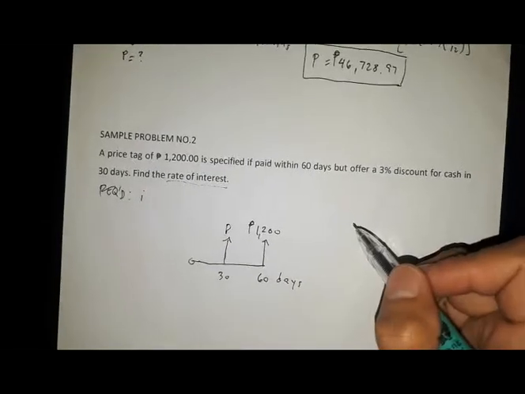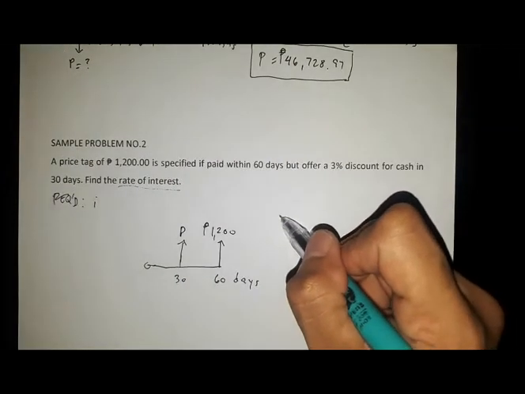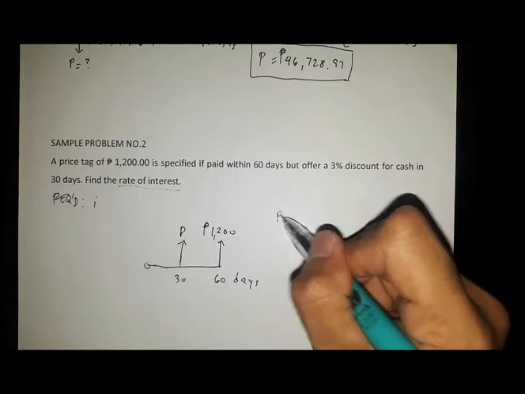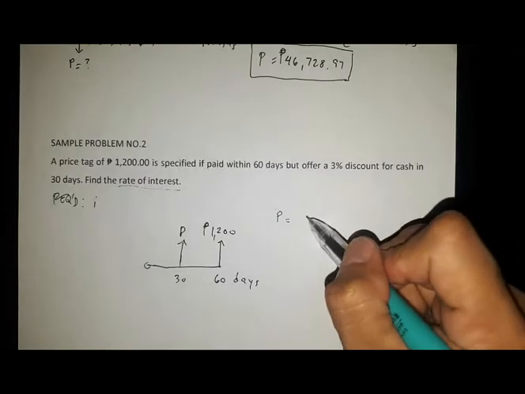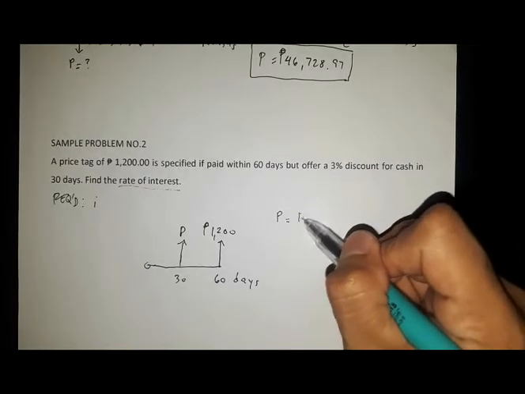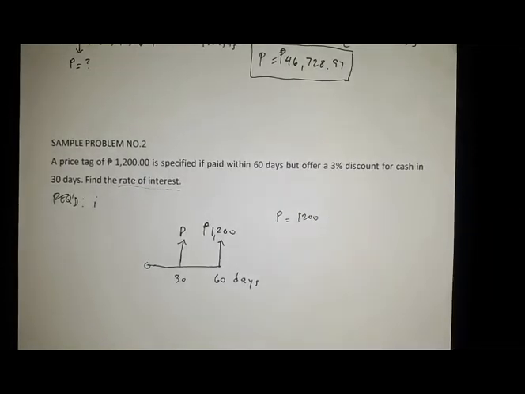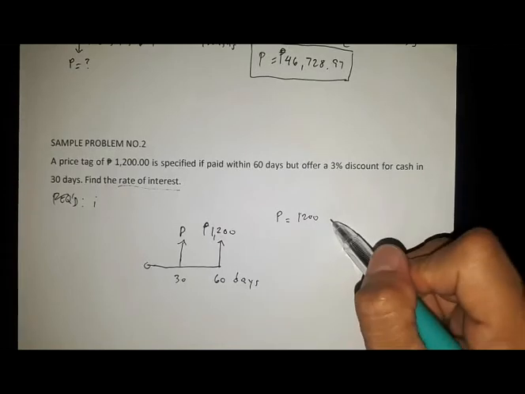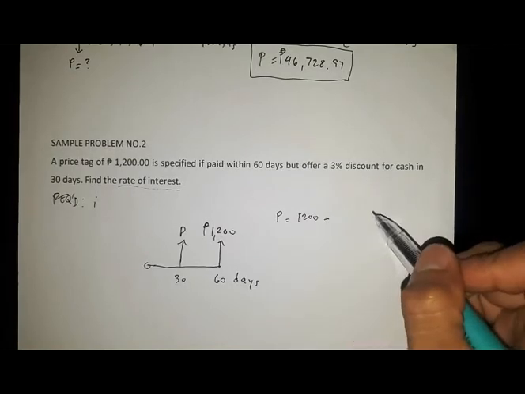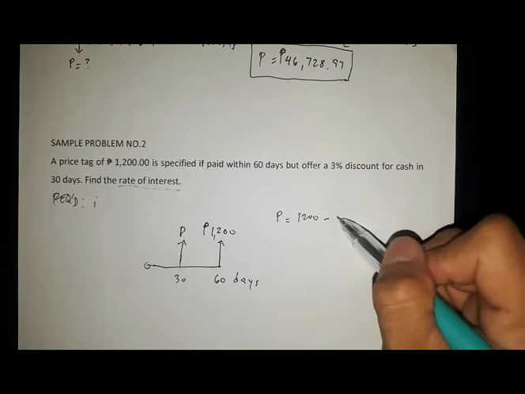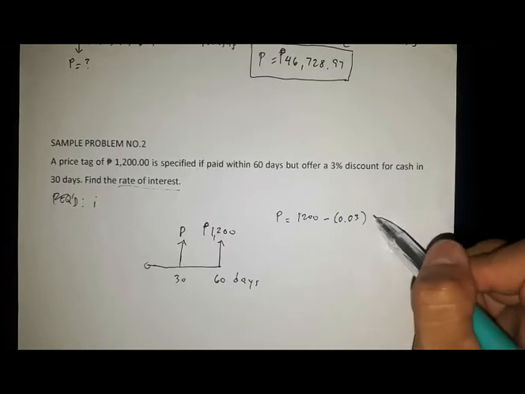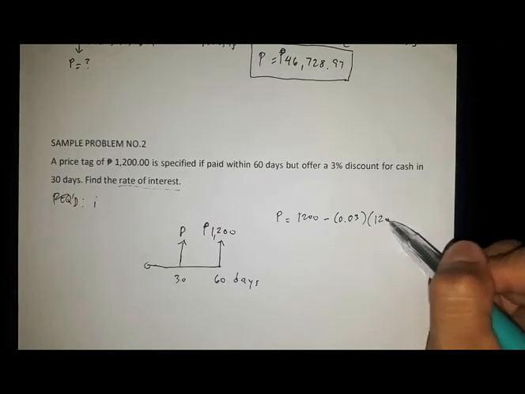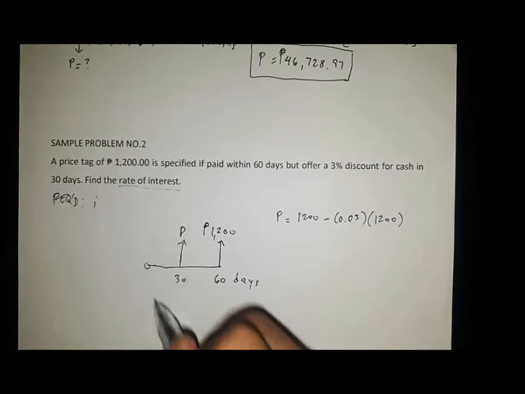So meaning to say, your P is equal to 1,200 minus 3% of 1,200, so 0.03 times 1,200.